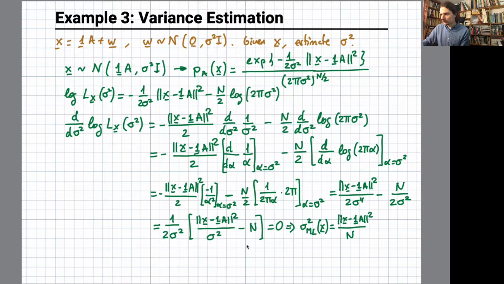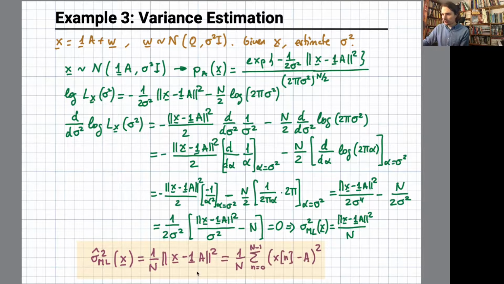So solving this equation for sigma square yields that the maximum likelihood estimator of sigma square is this squared Euclidean norm divided by the number of samples that we have observed.